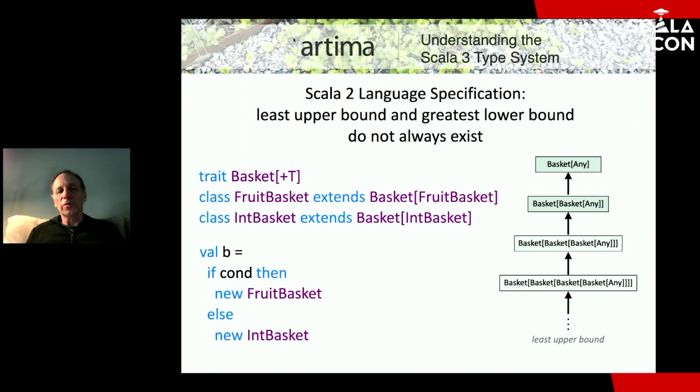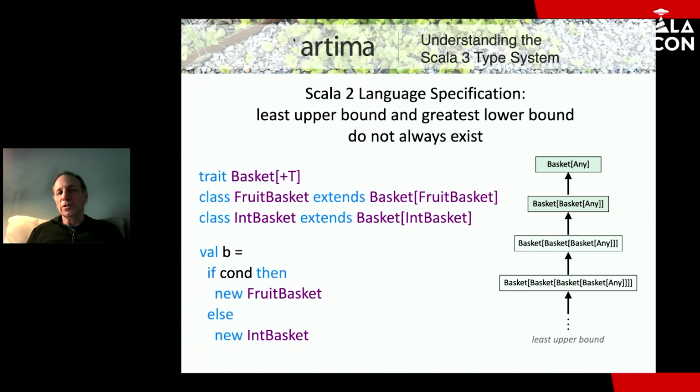And then the problem comes when Scala needs to infer a type for B down here in the lower left corner, where the then side of this if expression is fruit basket, and the else side is int basket. So it has to find the least upper bound of fruit basket and int basket.